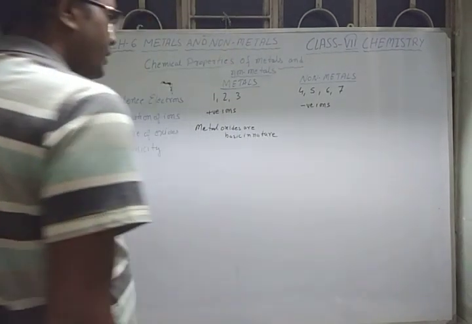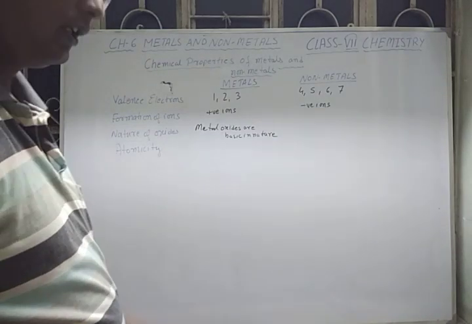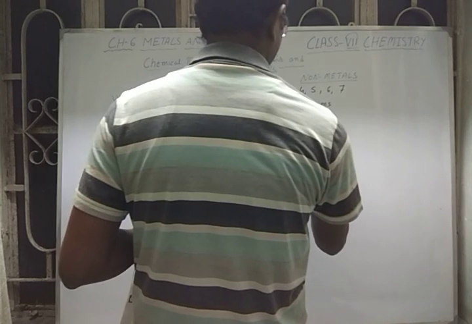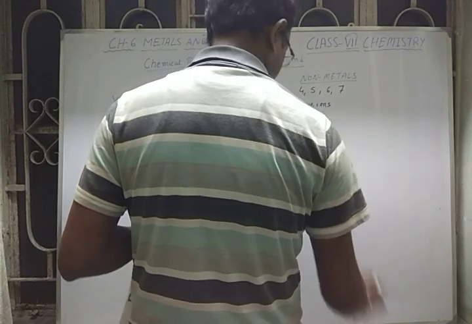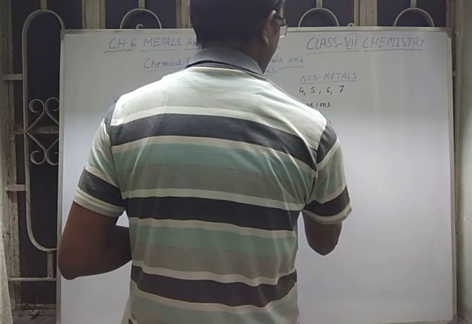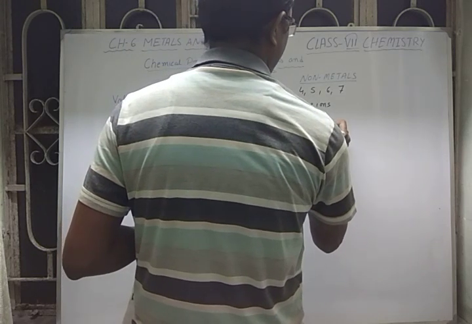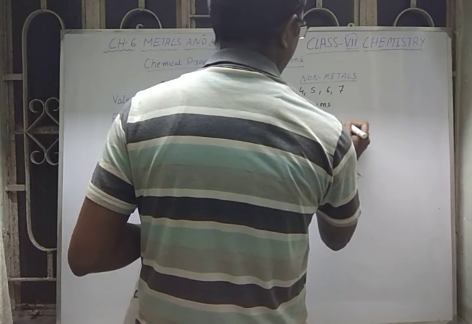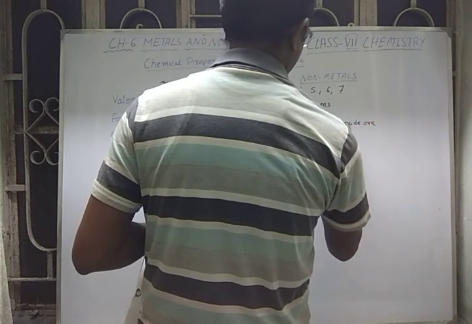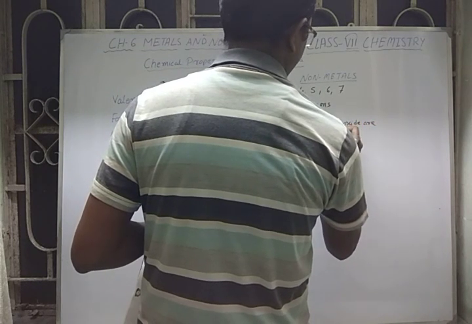Okay. Metal oxides are basic in nature. Whereas oxides of non-metals, non-metallic oxides, are acidic in nature.